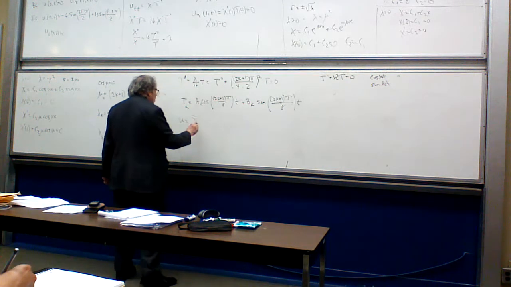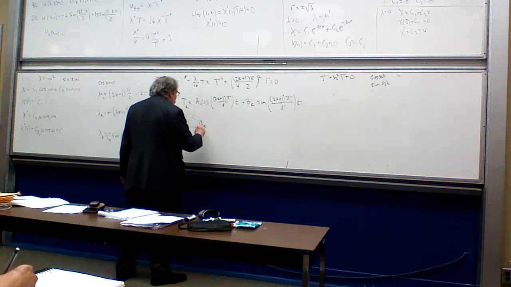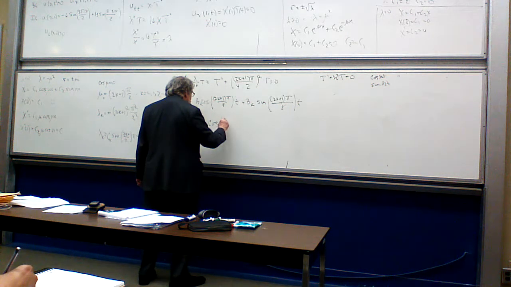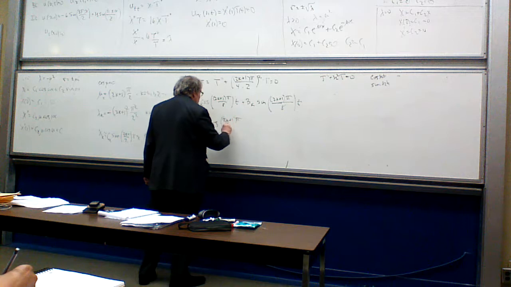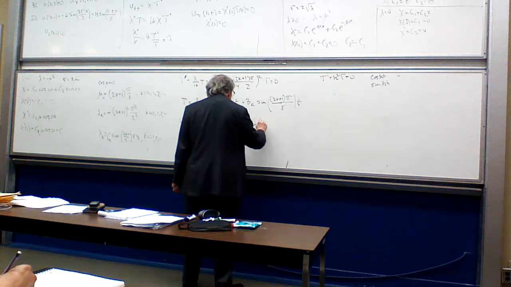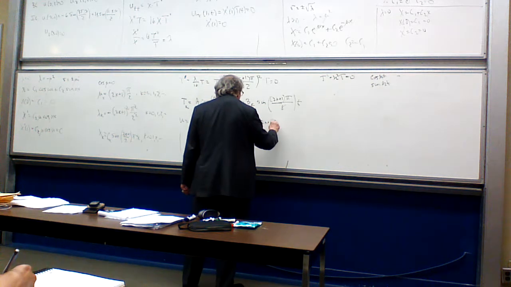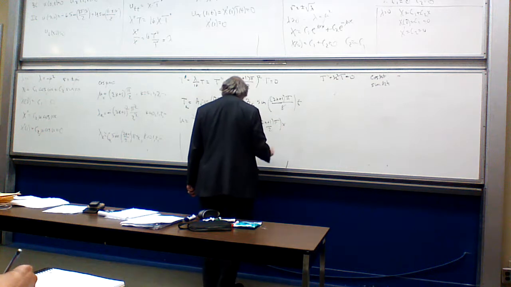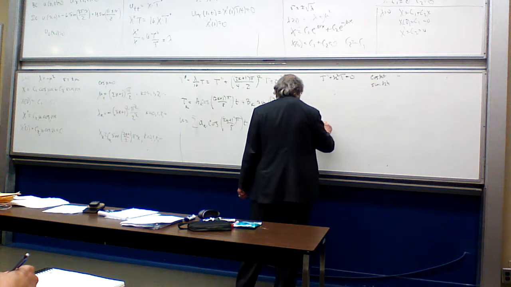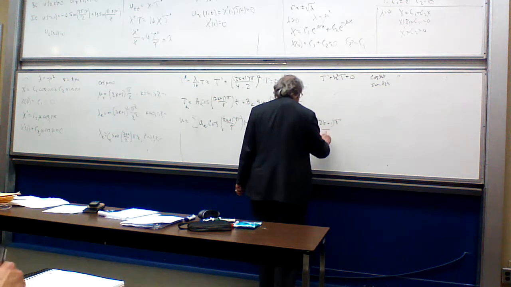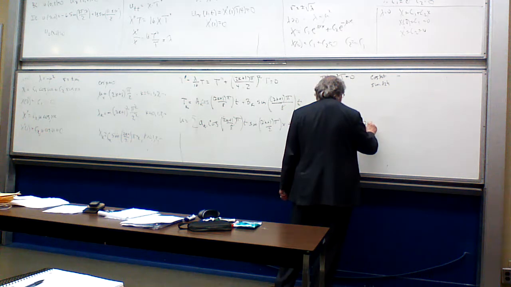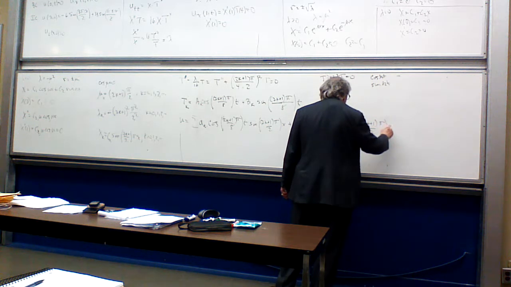So I can write this at maximum ugliness now: A sub k cosine (2k plus 1) pi over 8 t, sine (2k plus 1) pi over 2 x, plus b sub k sine (2k plus 1) pi over 8 t, sine (2k plus 1) pi over 2 x.